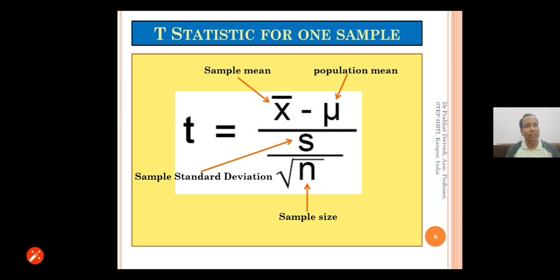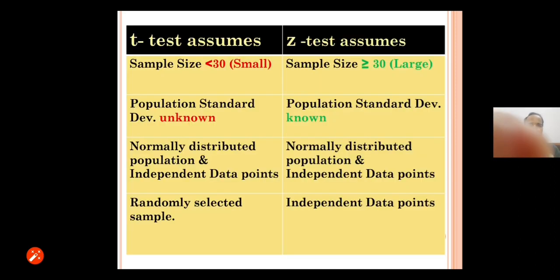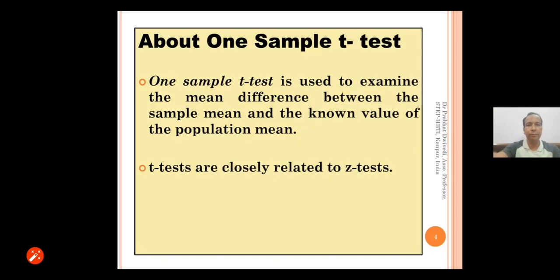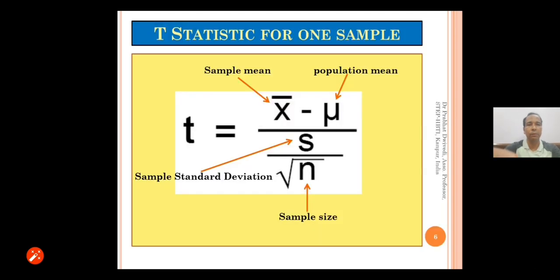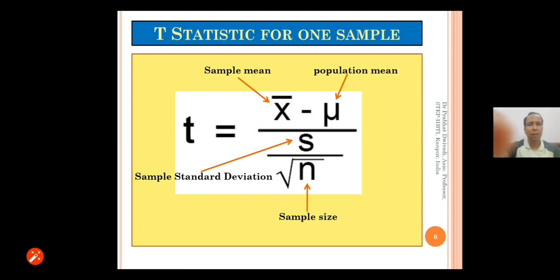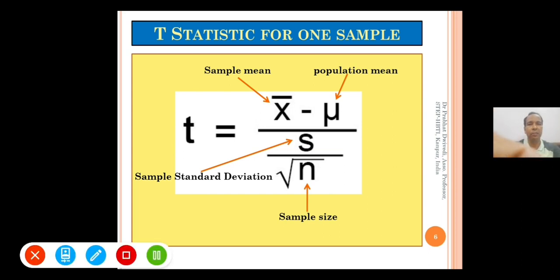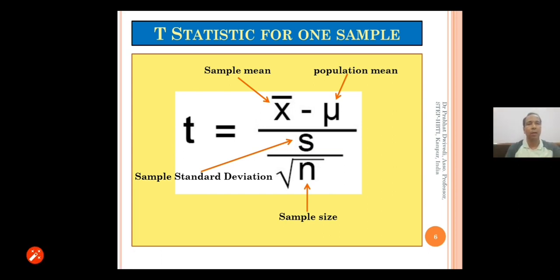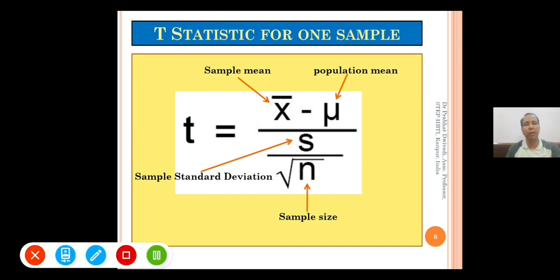Now let's see what the t-test statistic for one sample is. The t-test statistic for one sample is x bar, that is the sample mean, minus mu, where mu is the population mean.